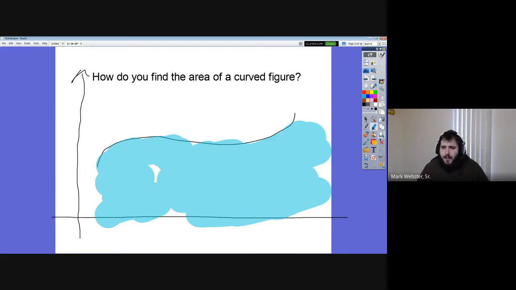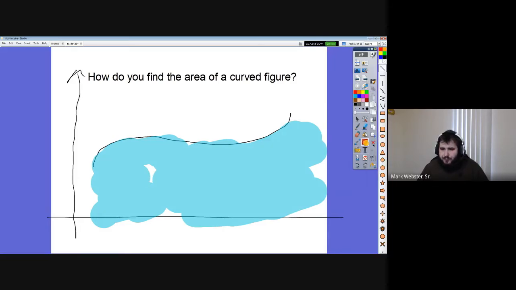So what we're going to do is approximate this area using rectangles. That's not a rectangle. This is a rectangle. I want to say, all right, well, this is about that much.